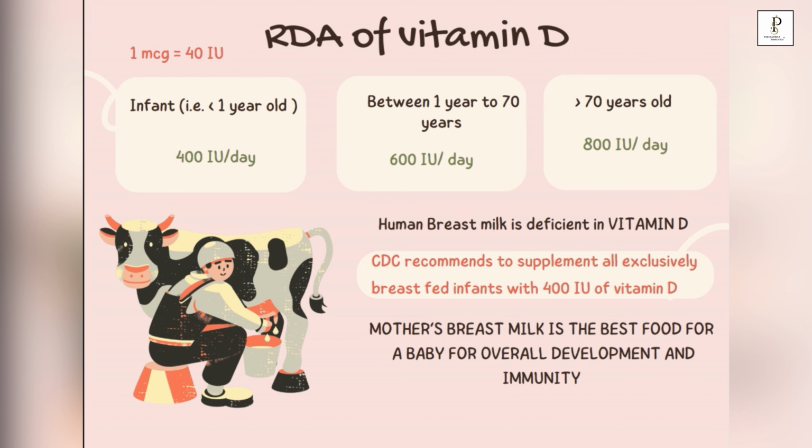There is a conversion formula to convert weight into international units, that is 1 microgram of vitamin D equals 40 international units.